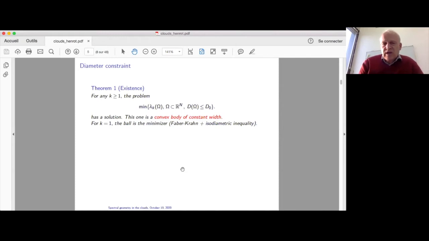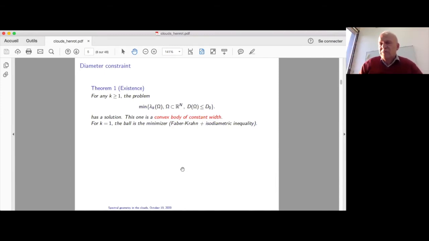It's even simpler than the perimeter case, at least for the existence question, because here we can prove one more time that we have convexity for free, and moreover that the convex bodies are what we call convex bodies of constant width, because you want the diameter constraint to be saturated in any direction in some sense, otherwise you extend, and by extending you get something which is lower.